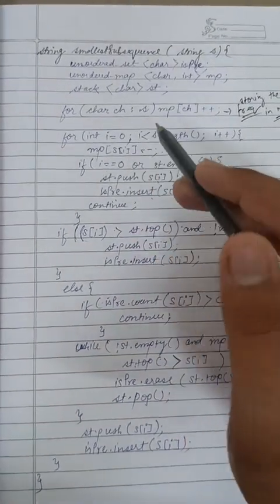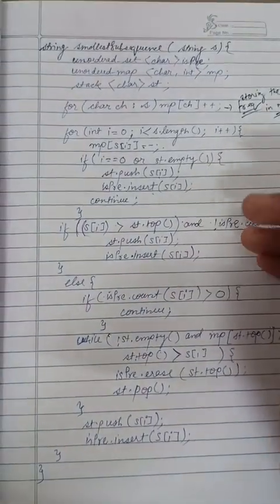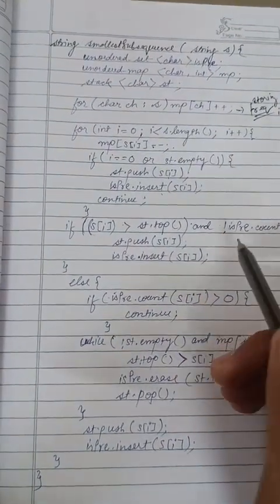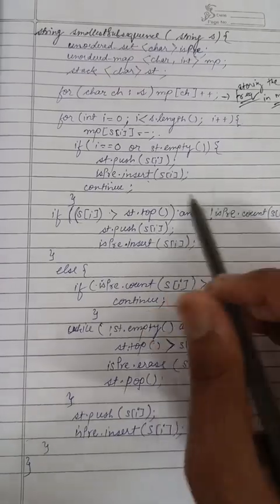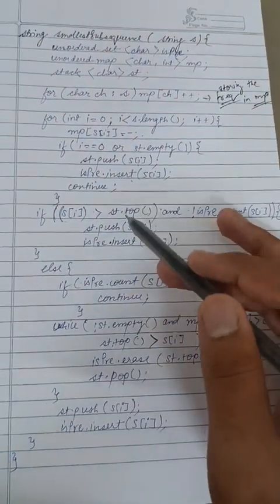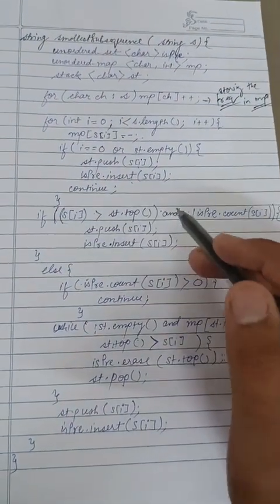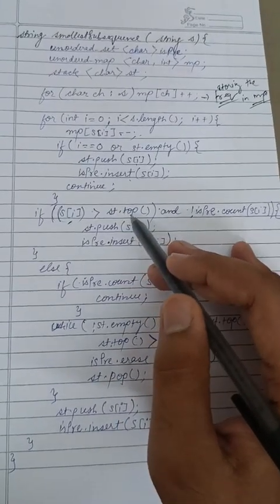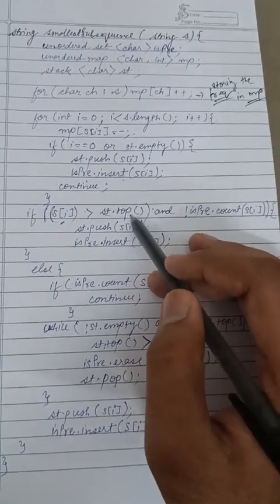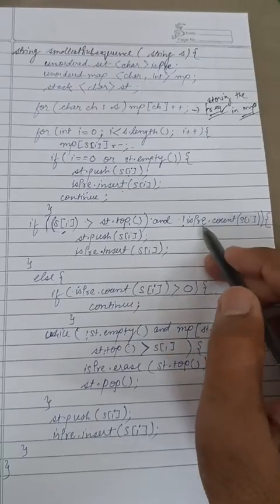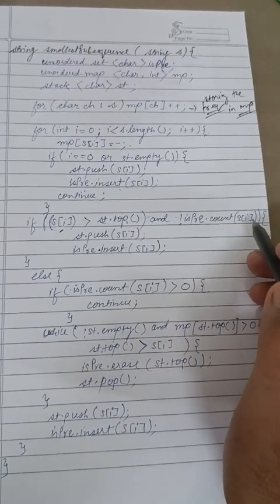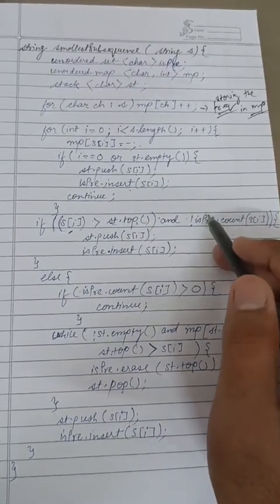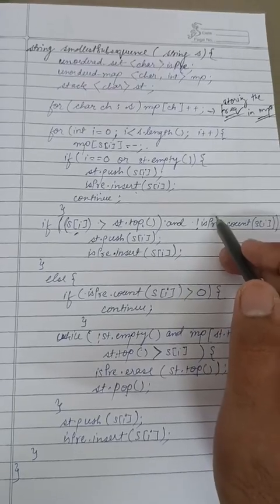If the index is greater than 0, that is 1, 2 or something, we will first see if the current element is greater than the stack top, and it shouldn't also be present in the is-present set, because it should be unique, right?